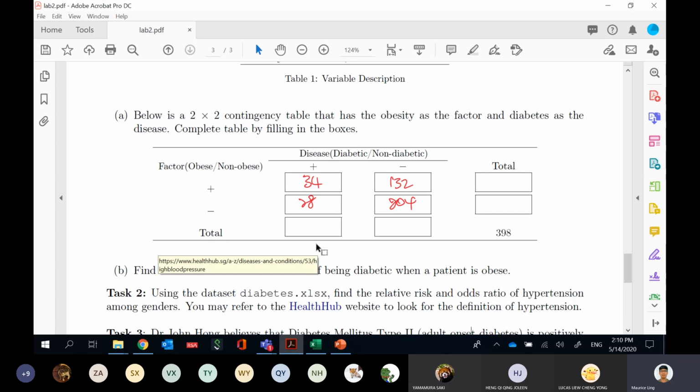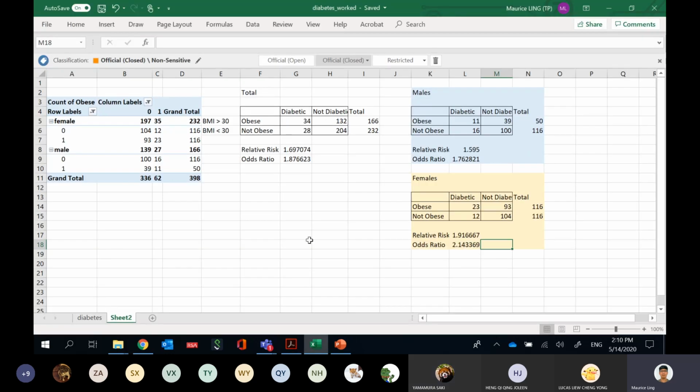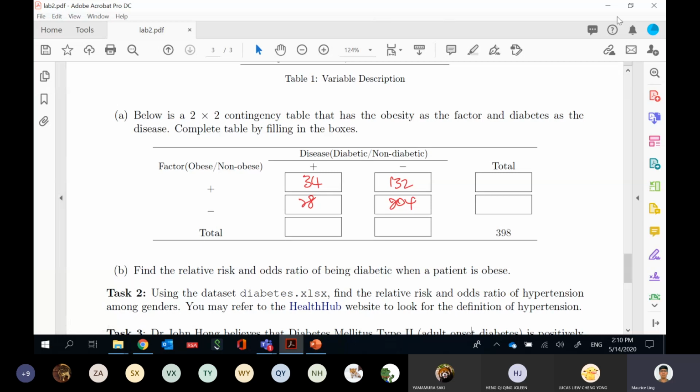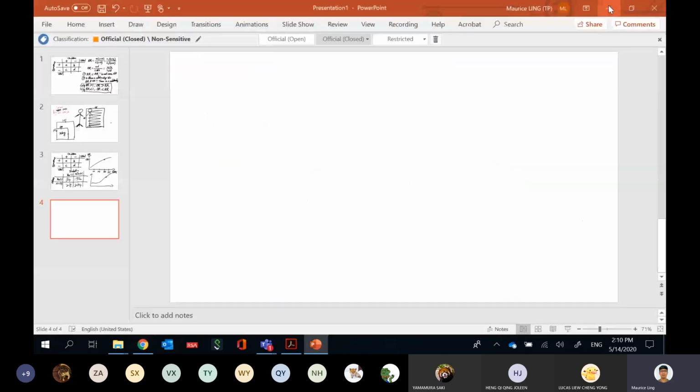Okay, so basically, let me just save this whole thing, and I'll rename this. I'll call this relative risk, RR and OR, okay? So to make our life easier, we will use this as we go along. Let me just save this as well.